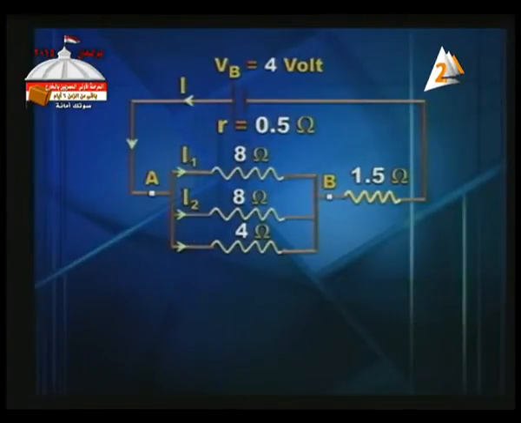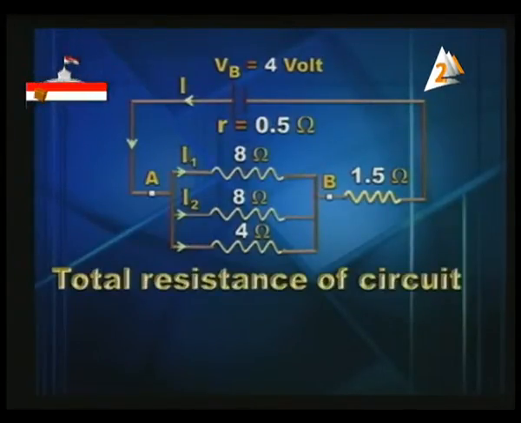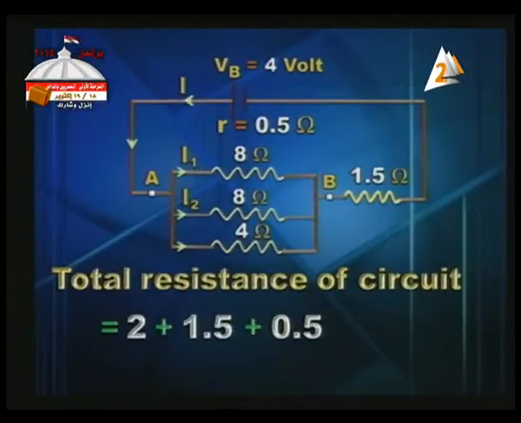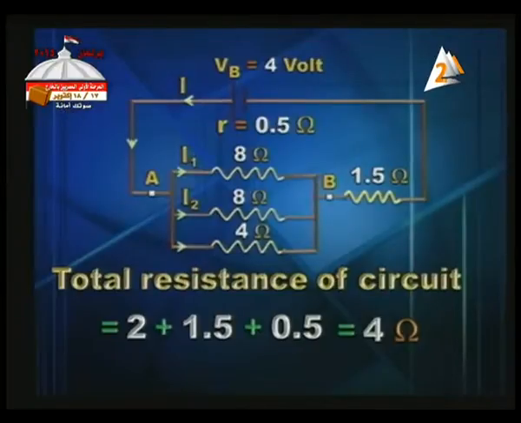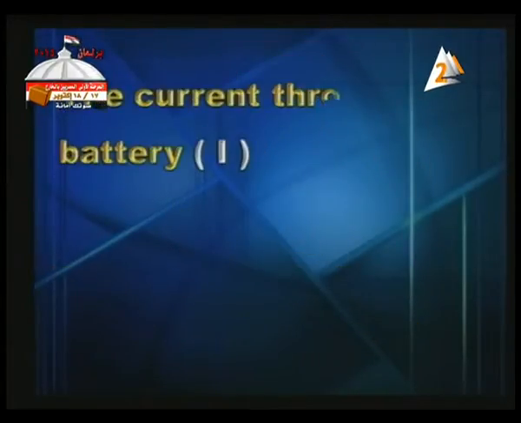It is connected in series to 1.5 and the internal resistance 0.5. So total resistance equals 2 plus 1.5 plus 0.5, which is equal to 4 ohms. We managed to obtain the total resistance. We've got V battery, so it's easy to calculate the current using Ohm's law for the closed circuit.